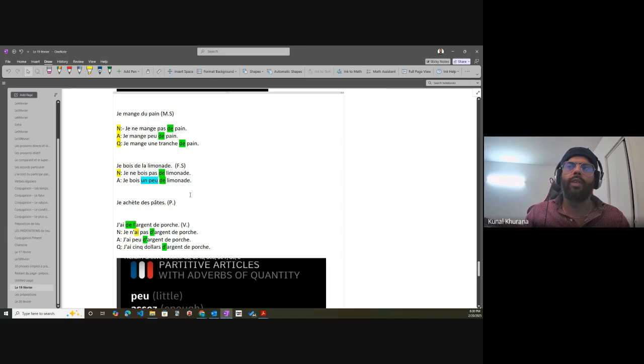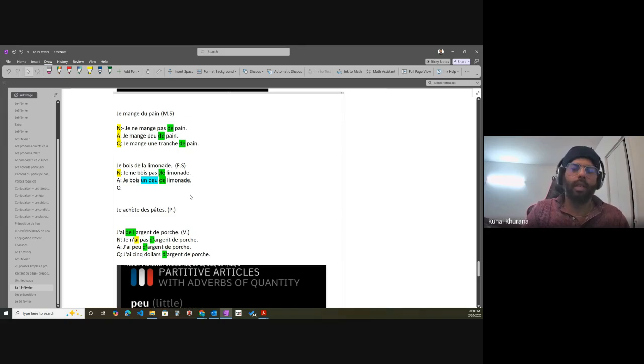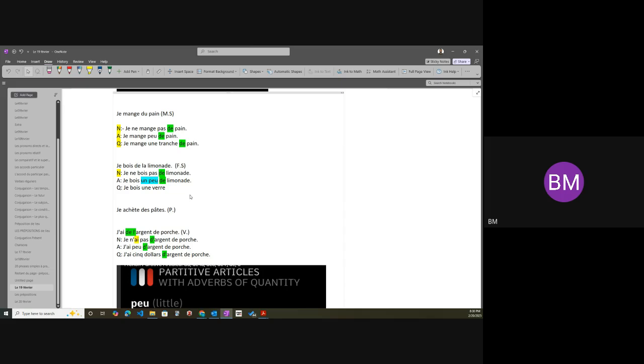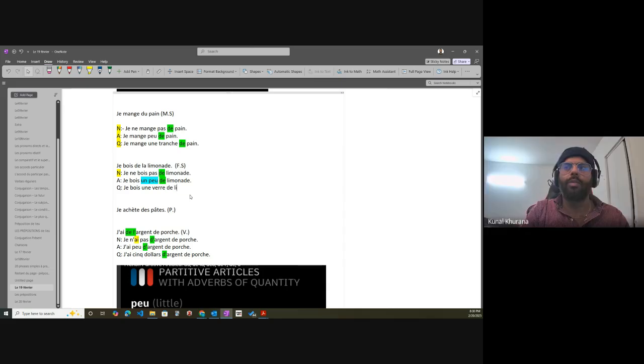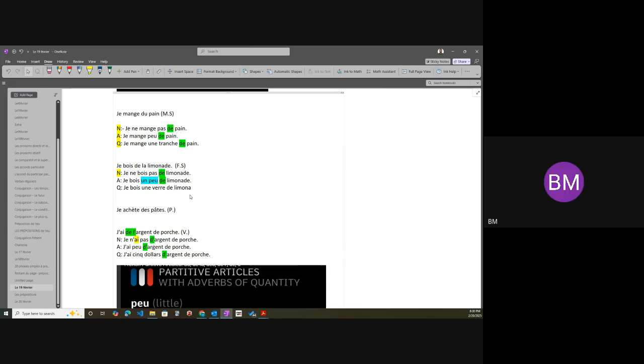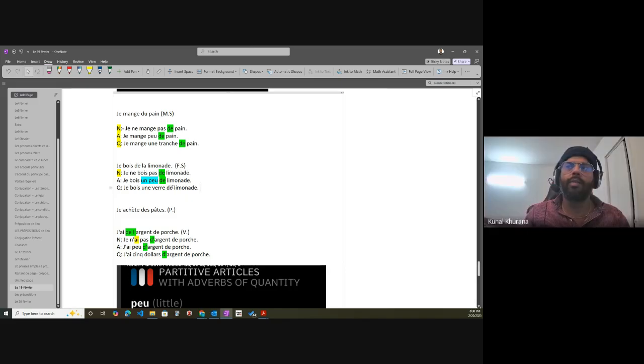And now let's try to quantify it. So je bois un verre de limonade. Here also we see that we did not write la limonade because of this quantity.